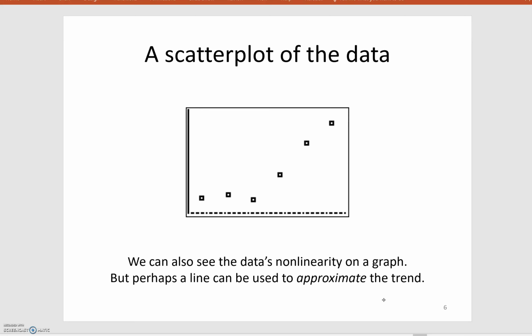So we know it's not linear, but what we can perhaps do, and this is really the heart of mathematical modeling, is we're going to approximate the data. And not just the data, but the trend of the data, like where the data is more or less qualitatively going.